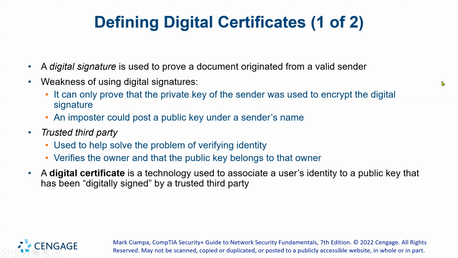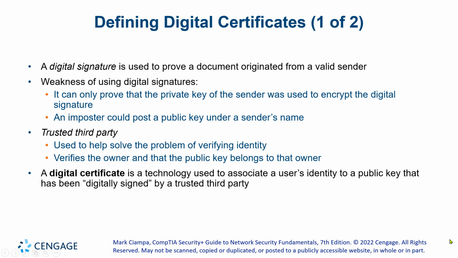So a digital signature is used to prove a document originated from a valid sender. The weakness of digital signatures is that it can only prove that the private key of the sender was used to encrypt the digital signature. An imposter could post a public key under a sender's name.